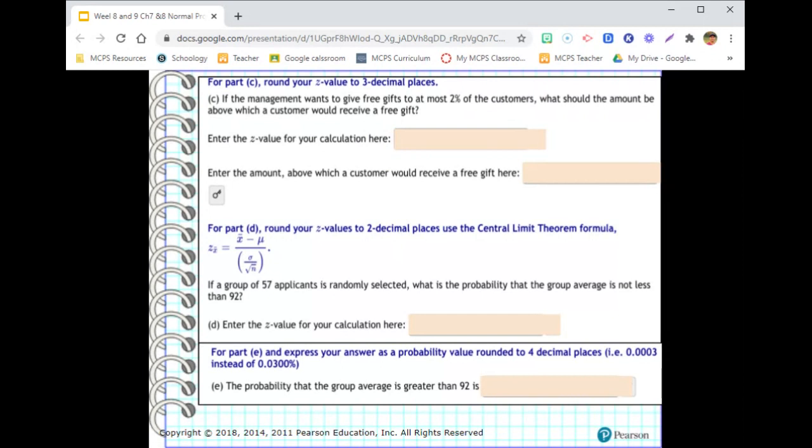So second vars, inverse norm, then the area is 0.98. Since you are looking for the Z-score, we're going to use the mean as 0 and standard deviation as 1. You follow that, or do you want me to write it down?